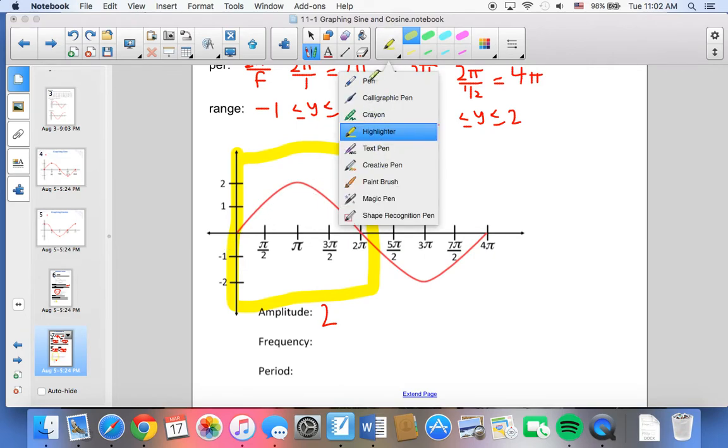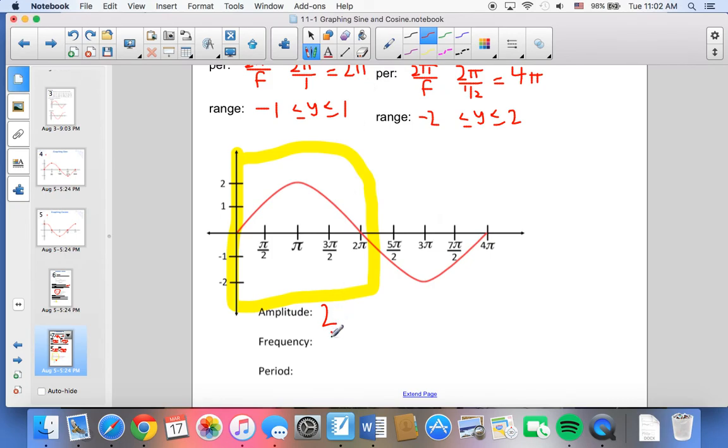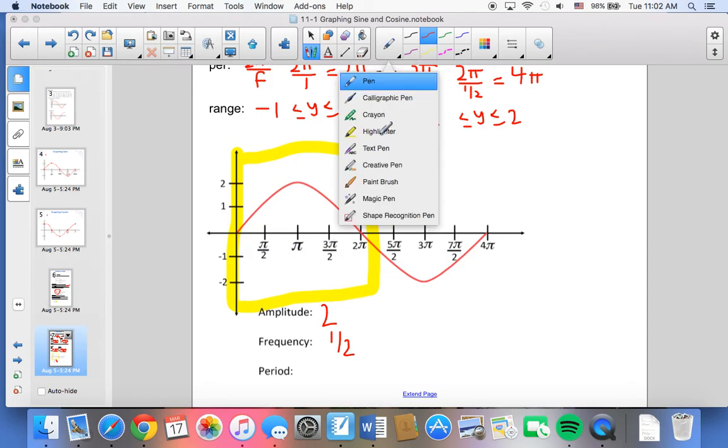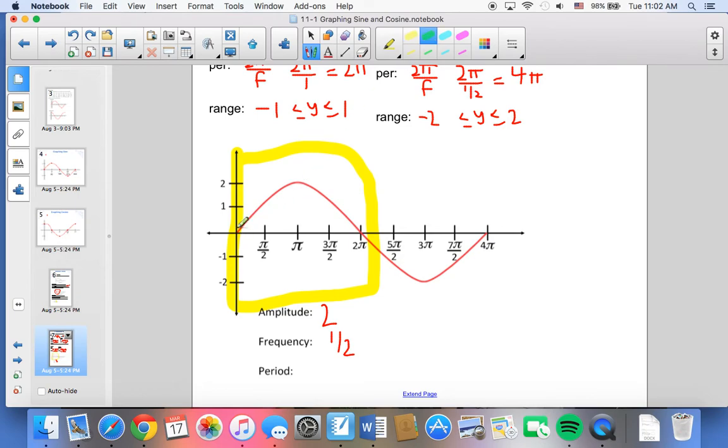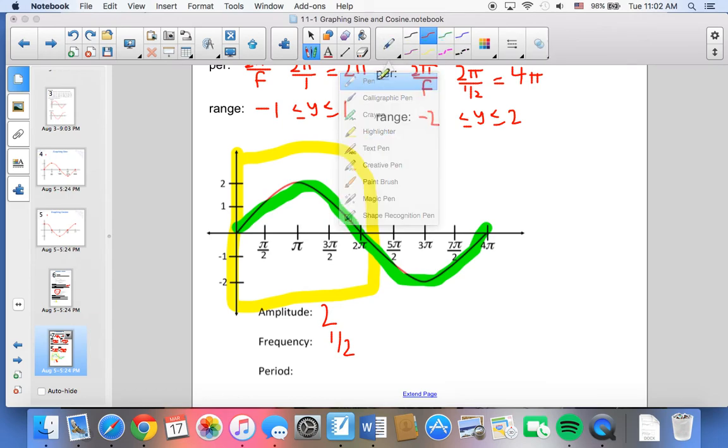So my frequency is 1/2, because when I'm trying to find frequency, I only see half of a sine curve. And the period is how long it takes to complete one cycle. Well, one cycle of sine looks exactly like this. So this green that I'm highlighting right now is one cycle. Where did that one cycle end? Well, it ended at 4 pi. So the period is 4 pi.